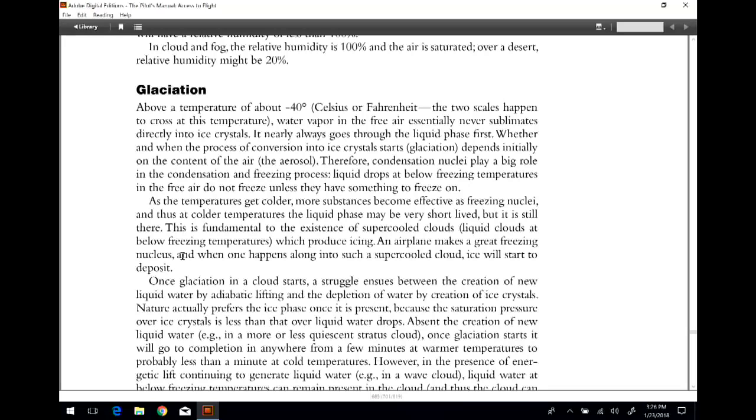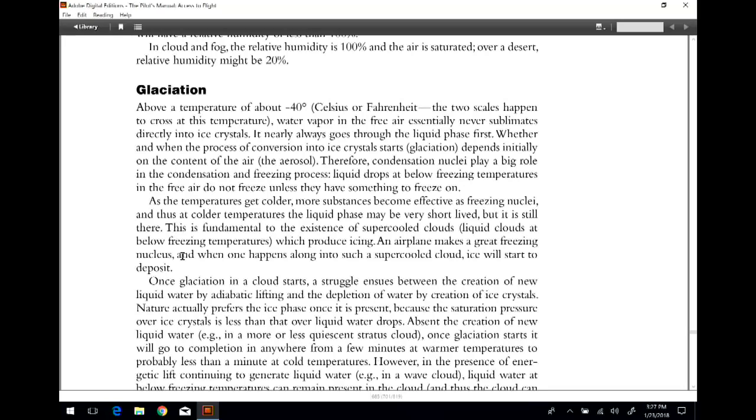It nearly always goes through a liquid phase first. Whether that's part of a process of conversion into ice crystals depends on what kind of air we're talking about. The more humid, clearly, the quicker that process can occur.